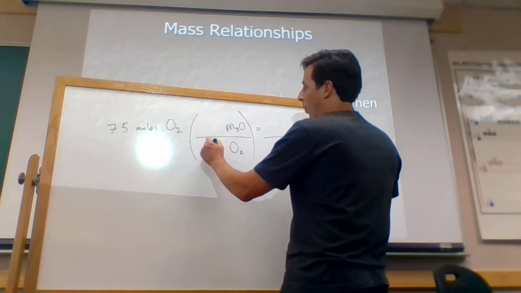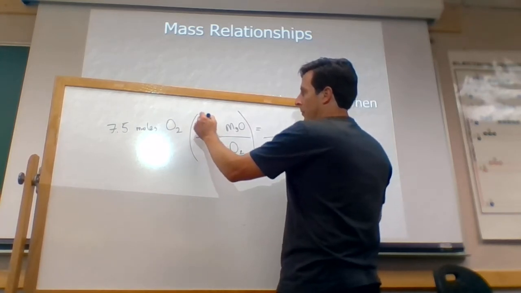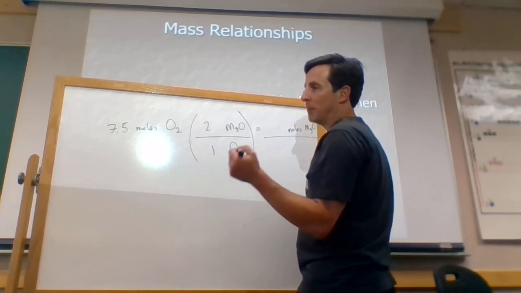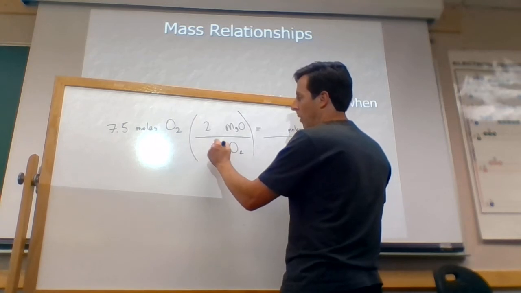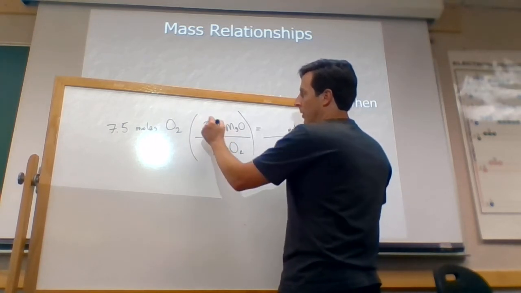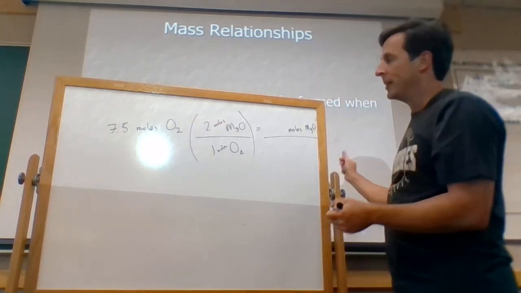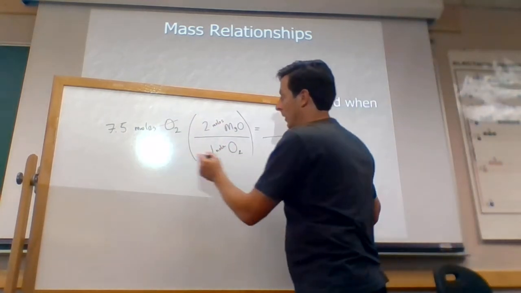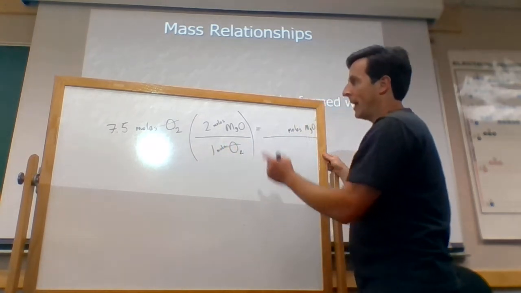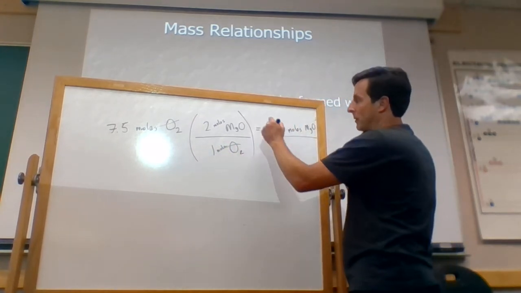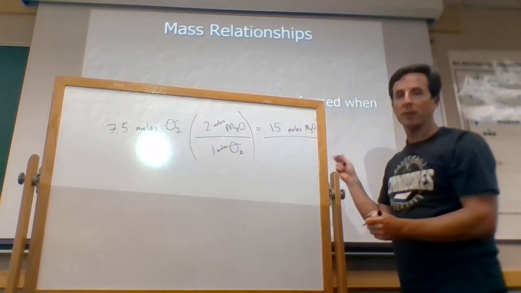So 1 O2 reacts to form 2 MgO, and specifically it ought to be moles. So 1 mole of O2 to 2 moles of MgO. So moles of O2 cancel moles of O2. That leaves me with moles of MgO. 7.5 times 2 is going to be 15 moles of MgO.